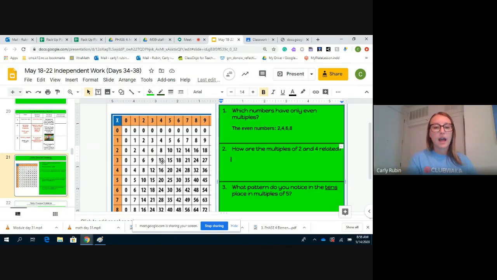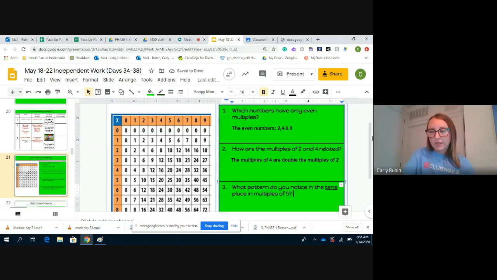So the pattern that I'm noticing is that the multiple of 4 is double the multiple of 2. Because if I land on 20, the multiple over here is 10, and 20 is double 10. So the multiples of 4 are double the multiples of 2. So that's the pattern that I see between those two numbers.